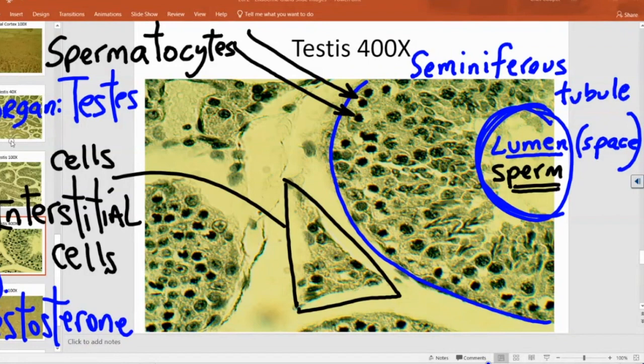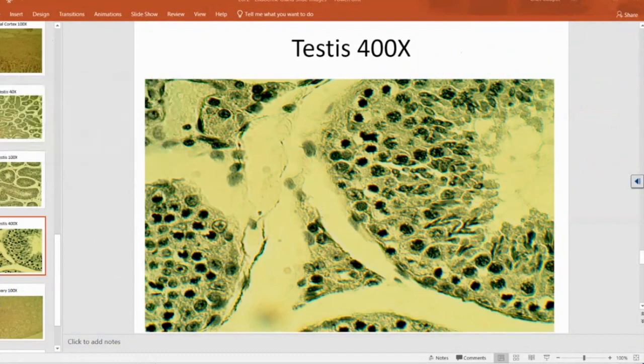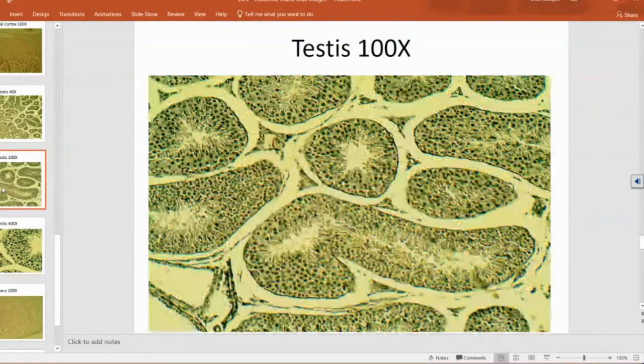And then let's go back and let's think about what we added. We added spermatocytes and a lumen, okay? And let's see that on the last picture, because our first time through, I marked it up so much that I didn't get to that. But the truth is, you could get lumen on here and you could get spermatocytes on here.